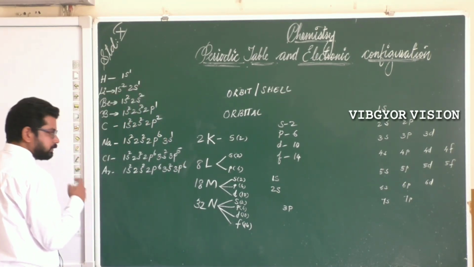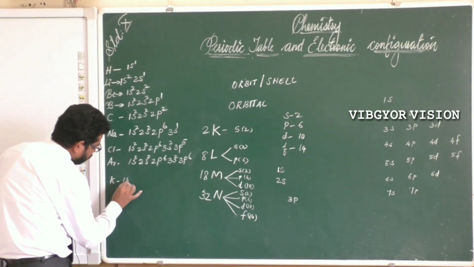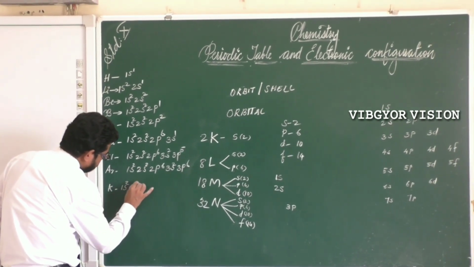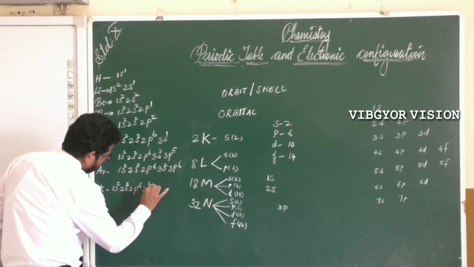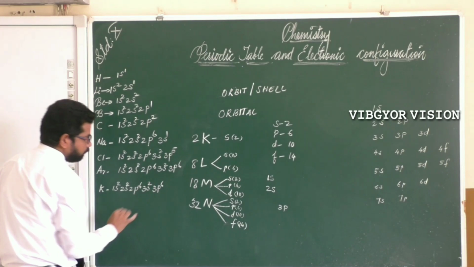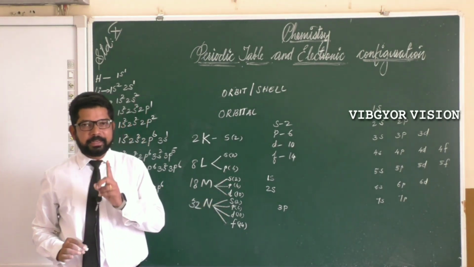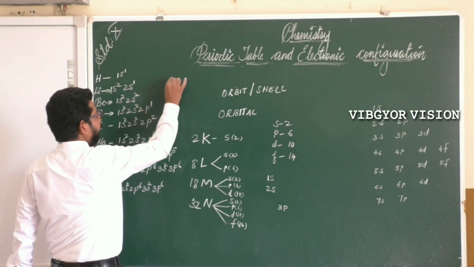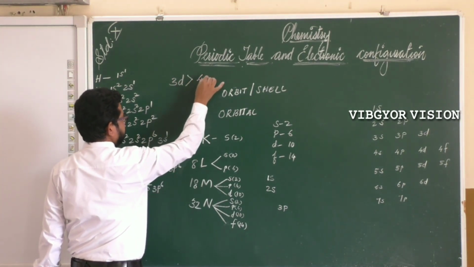Next one, where we got a doubt in the previous part, is the electronic configuration of potassium. Atomic number of potassium is 19. So 1s2, 2s2, 2p6, 3s2, 3p6. After 3p6, what do we have to write? Don't write 3d, because 3d has more energy than 4s.